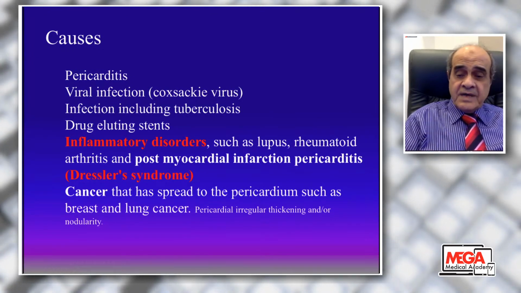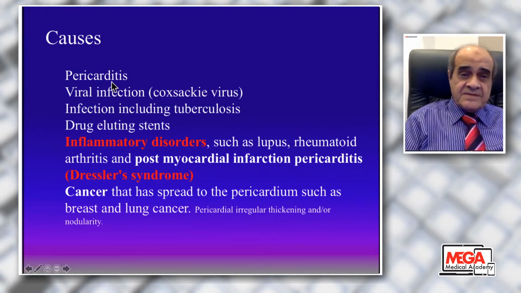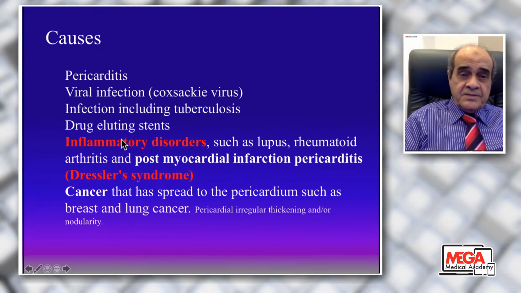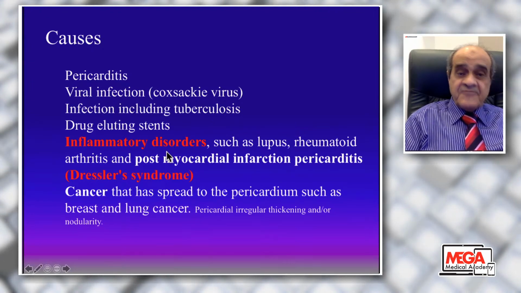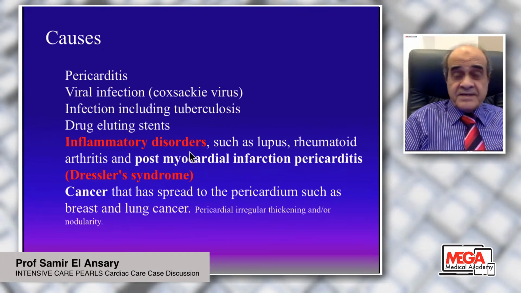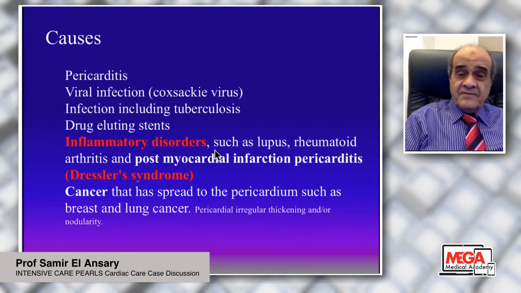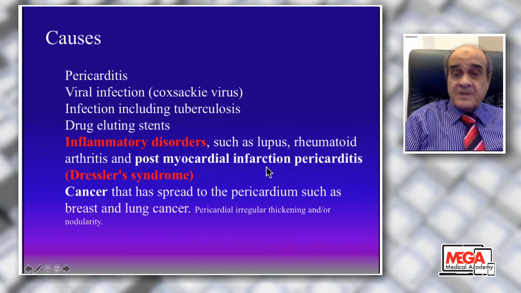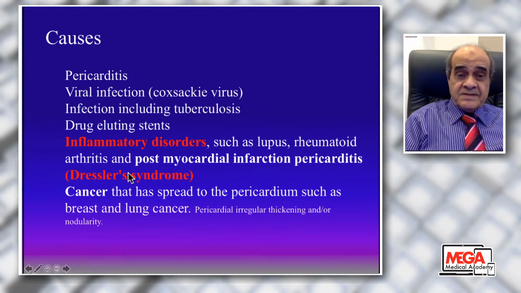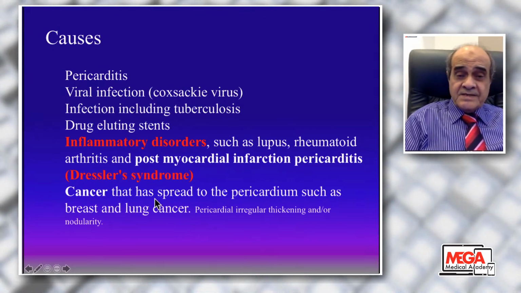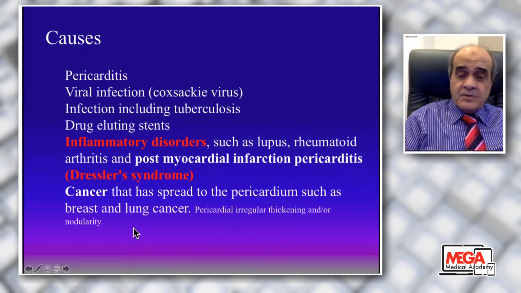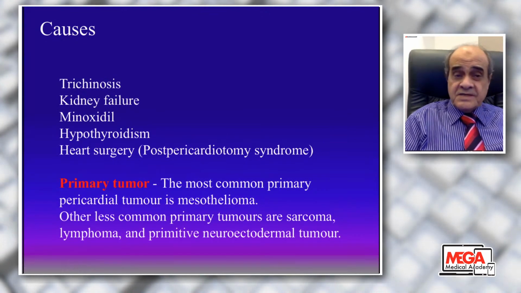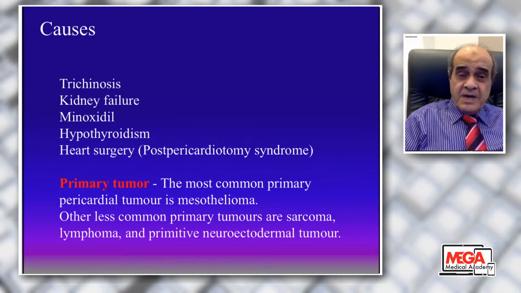We can enumerate many causes, such as pericarditis, viral infection especially Coxsackie, infection including TB, drug-eluting stent, inflammatory disorders such as vasculitis in collagen vascular disease or arthritis, and post-myocardial infarction pericarditis, which is Dressler syndrome. Also cancer, kidney failure, minoxidil, hypothyroidism, heart surgery, and primary tumor can all be causes of pericardial effusion.